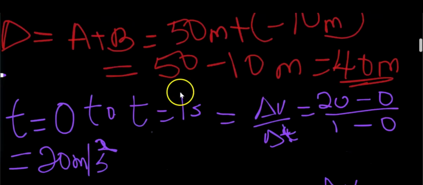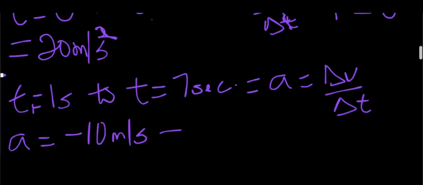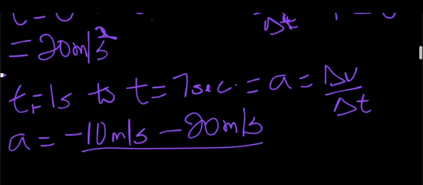So dv is the final velocity minus the initial velocity: negative 10 meters per second minus 20 meters per second, all over the final time 7 seconds minus the initial time, 1 second.